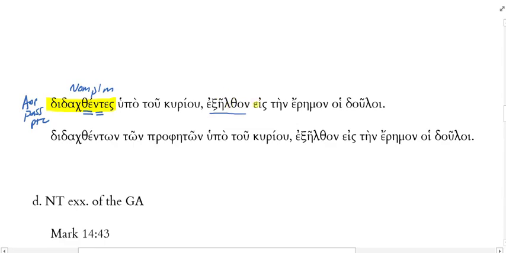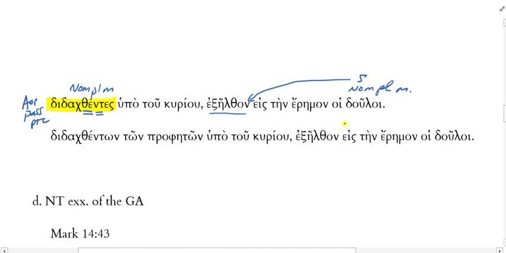What's the subject of exēlthon? Well, do I have a nominative case noun in the main clause? Yeah, where is it? It's at the end. You see hoi douloi? That's nominative plural masculine, right? So it's the subject of exēlthon, and since it's matching the case of didachthentes, it's the subject of the aorist passive participle too.